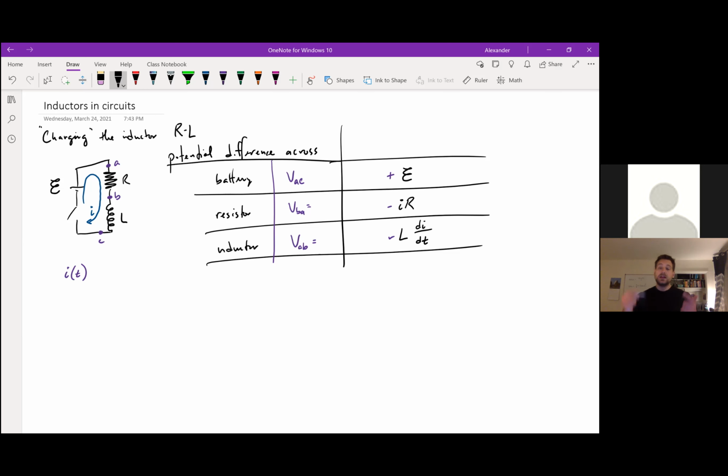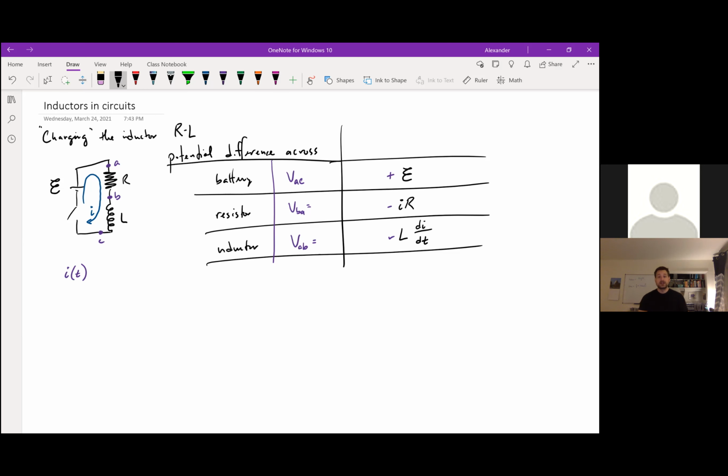Straightforward. As we go through the resistor from point A to point B, the potential of point B, which is downstream in the current direction from point A, is less than our potential at A, because we had to spend some of the work we had been given.